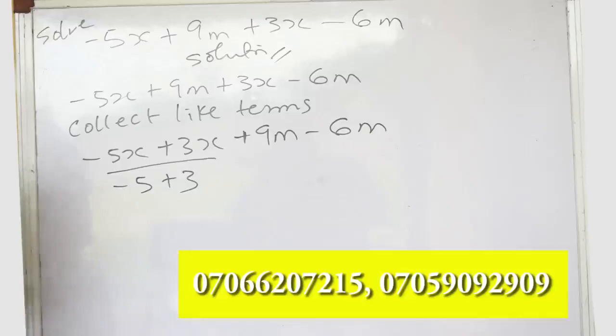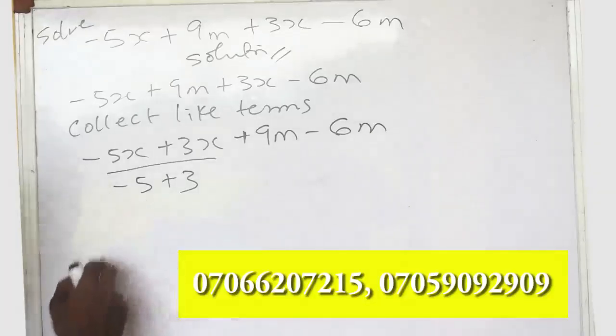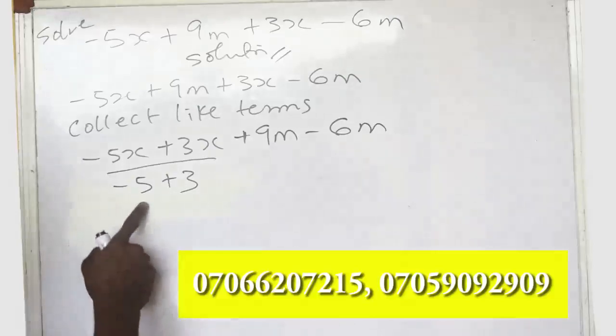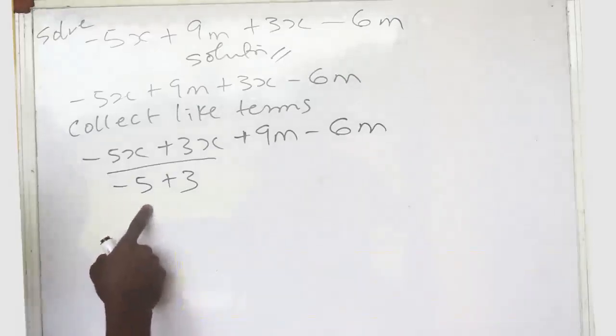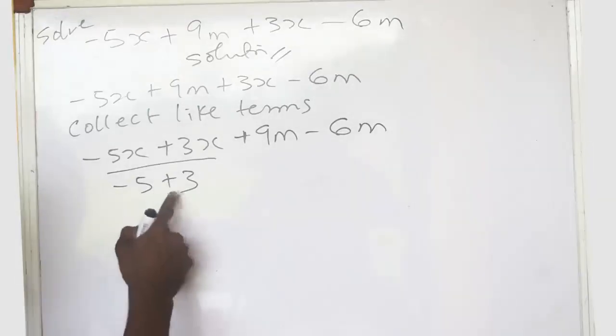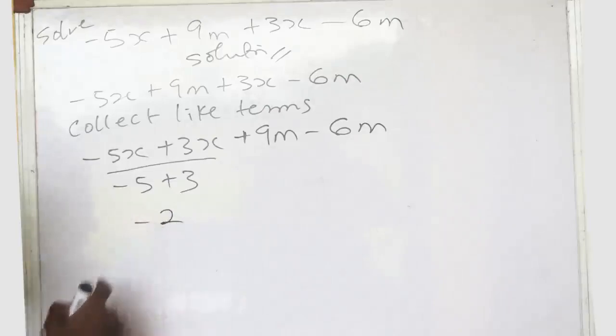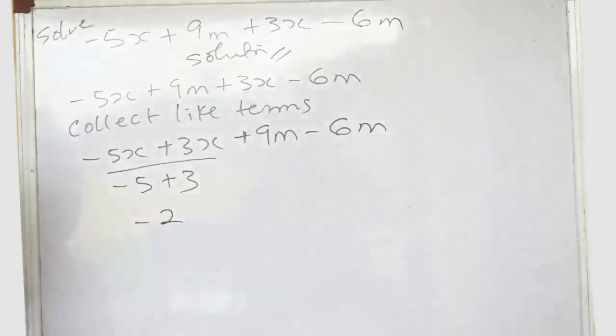That is the number one thing you do before you learn algebra. In that video, I made you understand that minus means debt and plus means you're paying. When you're owing someone, you represent it with minus. So minus 5 means you're owing 5 and plus 3 means you're paying. You're owing somebody 5 and you're paying 3, so you are still owing 2. Since you're owing, you put minus there to represent it.